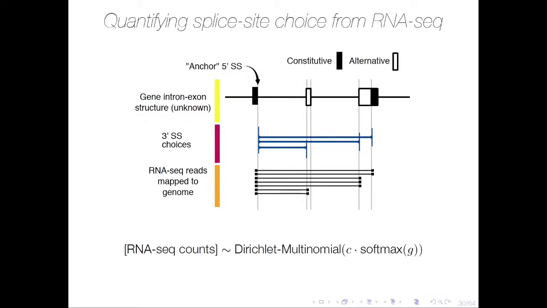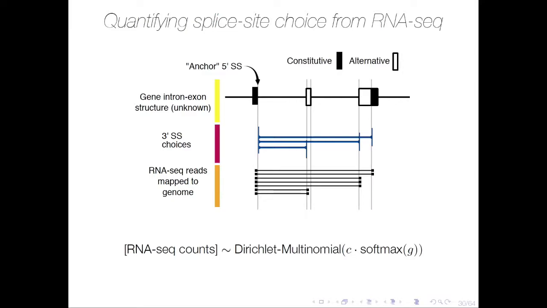And we use a very similar quantification strategy as we use for leafcutter. So consider a specific 5' splice site here, which has a downstream alternative exon, as well as a constitutive exon with a 5' extension. Then the different splice site choices that are actually observed are represented here, and the corresponding RNA sequencing reads supporting the use of each of these 3' splice sites are shown here.